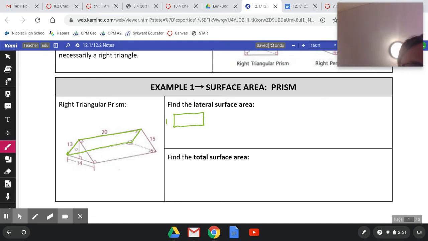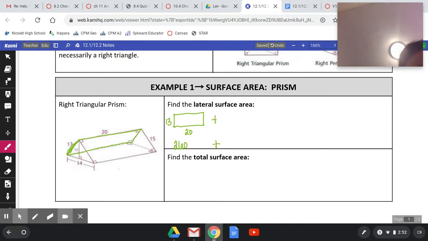It is a rectangle. The side dimensions are 13 over here by 20. So 13 by 20, if I multiply those to get the full area of the rectangle, 13 times 20 is 260 square units.